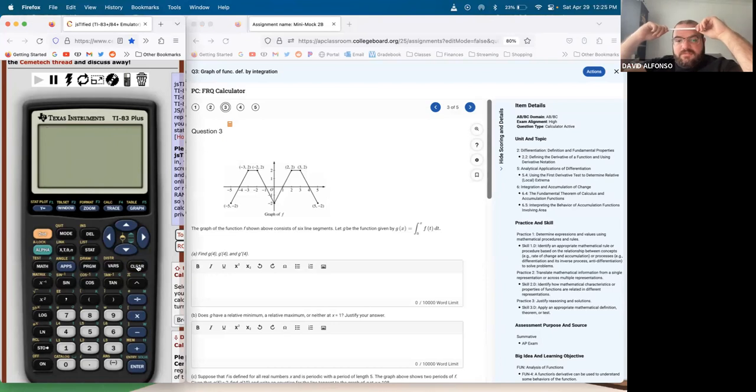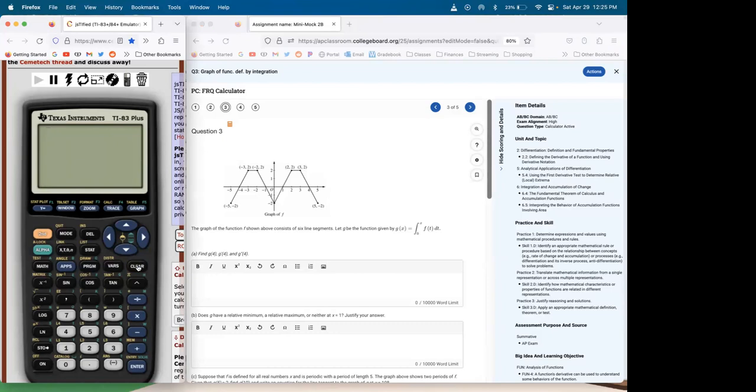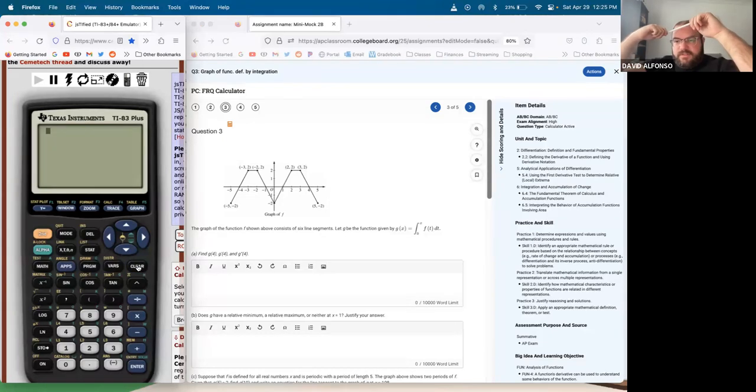This one is going to take time, but it's not a hard one to do. By the way, what's the theorem that we're going to be using to figure this out? Fundamental. Right, very good. You will need the fundamental theorem to figure this out.